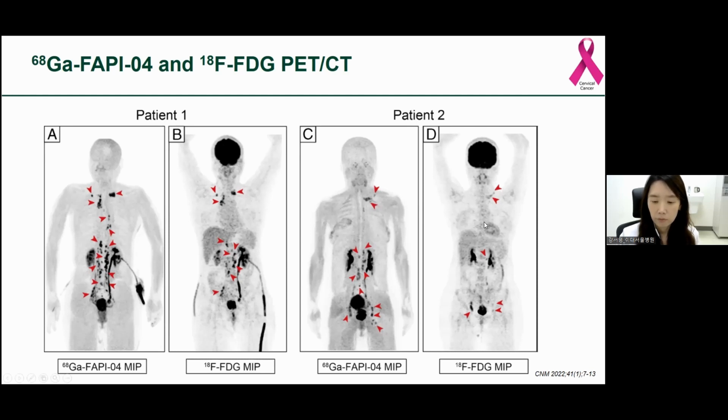However, only 14 lymph nodes were demonstrated in the left suprapubic fossa and retroperitoneum and iliac area on FDG PET images. So in this study, they showed the high sensitivity of FAPI PET-CT in the detection of metastatic lesions compared to the FDG PET-CT.